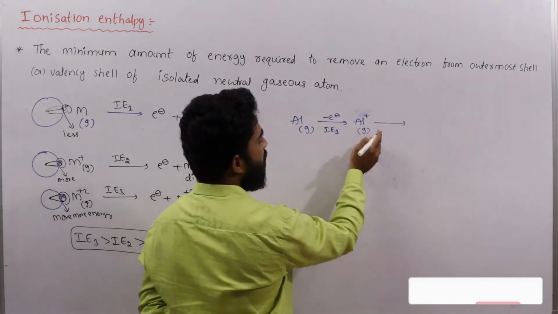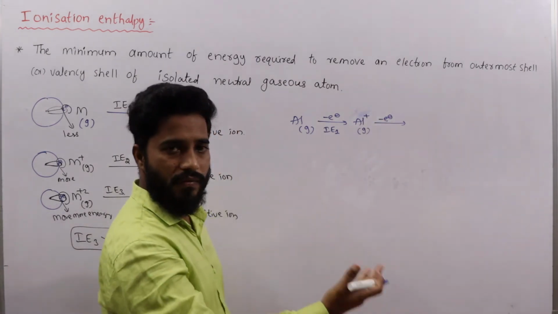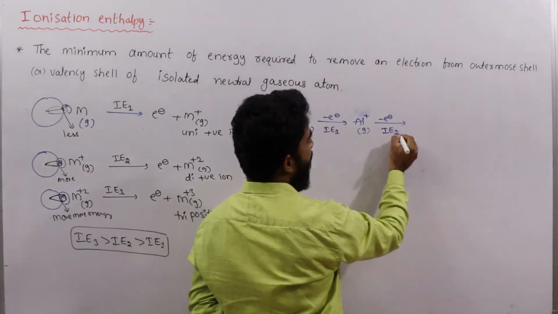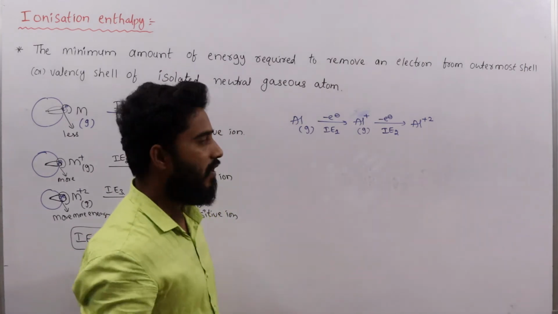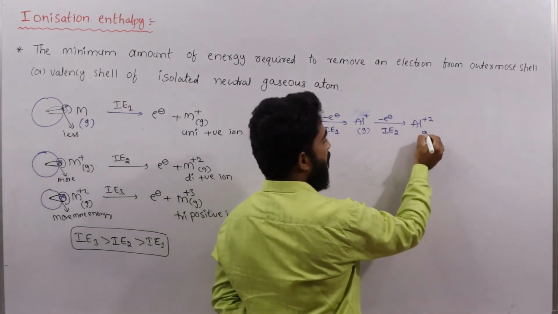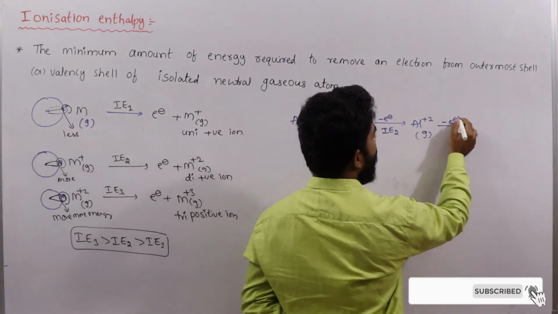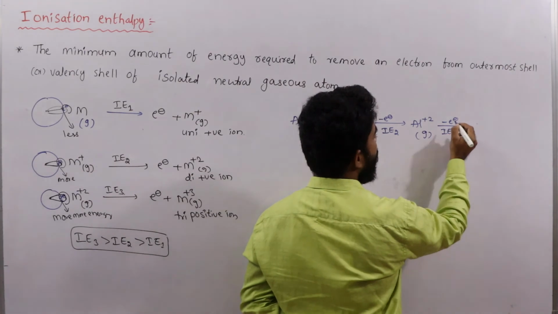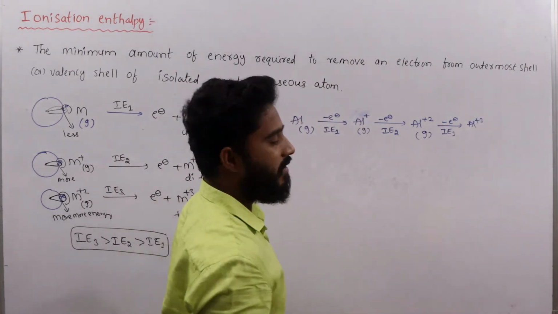Then from the unipositive ion, the minimum energy required to remove the next electron is called IE2, and it changes to Al plus 2. Then from Al plus 2, the energy required to remove one more electron is called IE3, and it changes to Al plus 3.